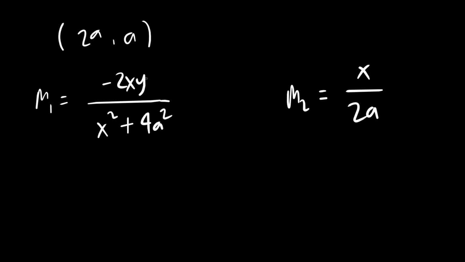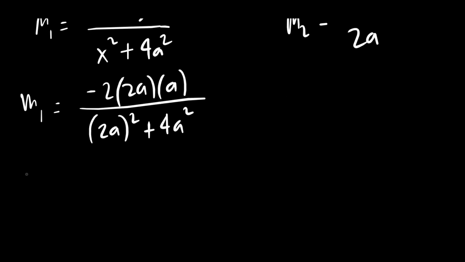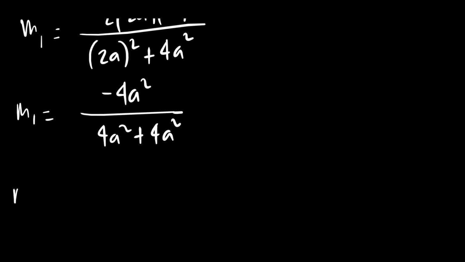So we'll have m1 equals negative 2 multiplied by 2a multiplied by a all over 2a squared plus 4a squared. We'll further simplify. So m1 equals negative 4a squared all over 4a squared plus 4a squared, so m1 equals negative 4a squared all over 8a squared.